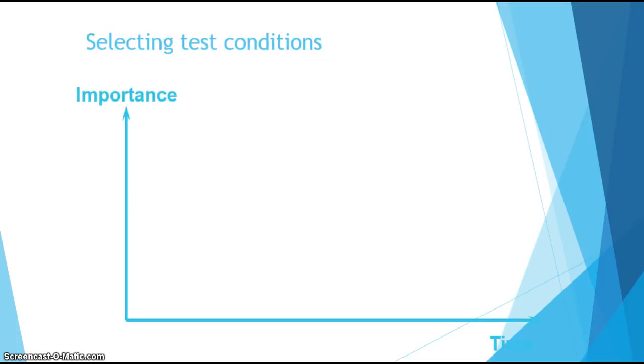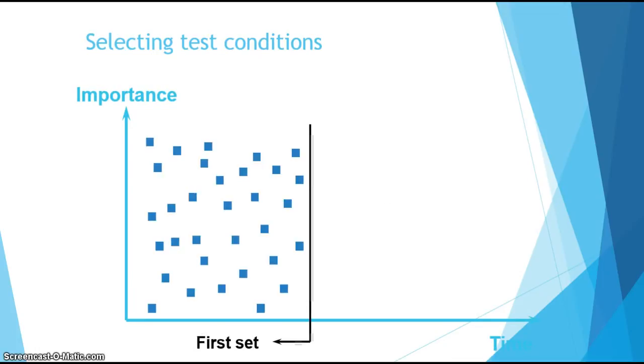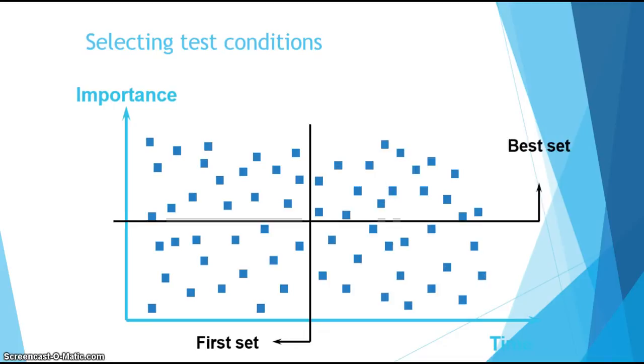So for selecting test cases, if you plot a graph, the first set is importance, and the second set, if it's on time, the best set will be a good mix of everything together.